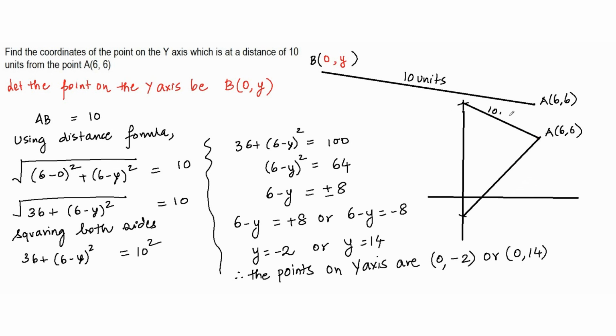Both these distances are 10 units, and the coordinates of these 2 points happen to be (0, −2) and (0, 14). So this is how I can geometrically show you what we are trying to do. Again, pausing for a few seconds before moving on.